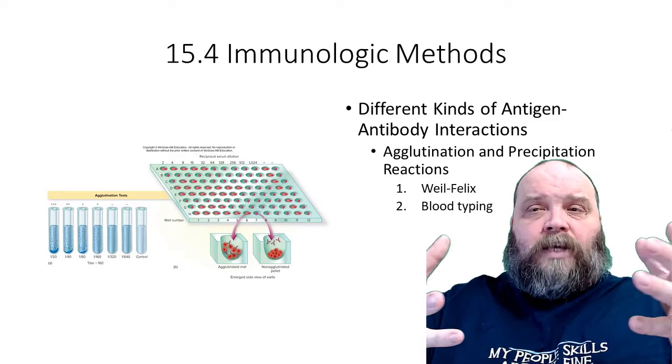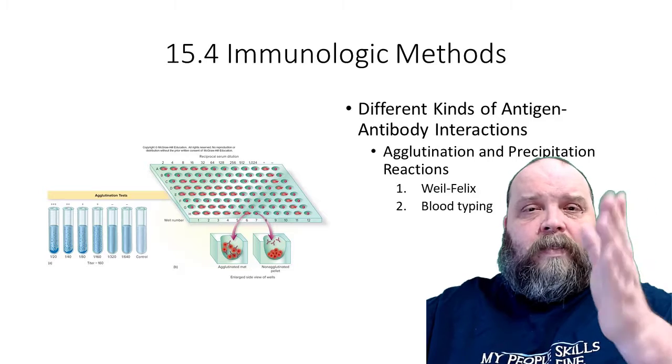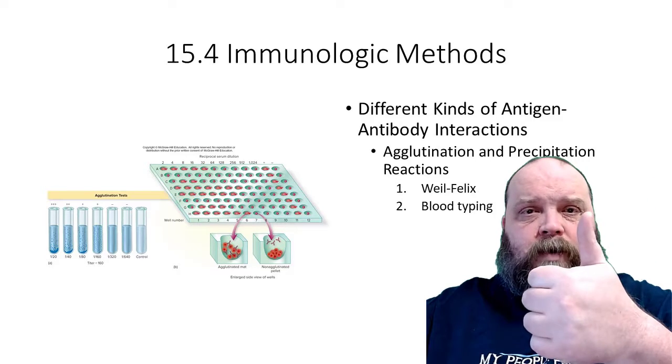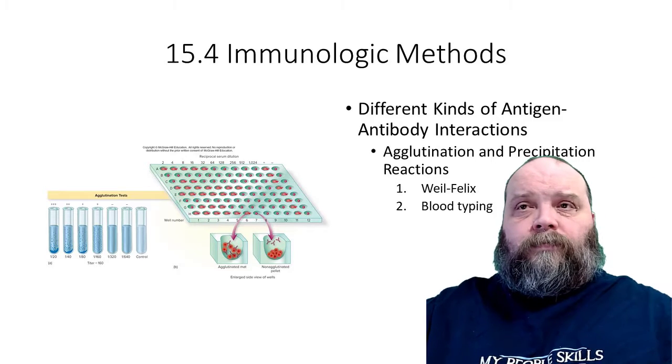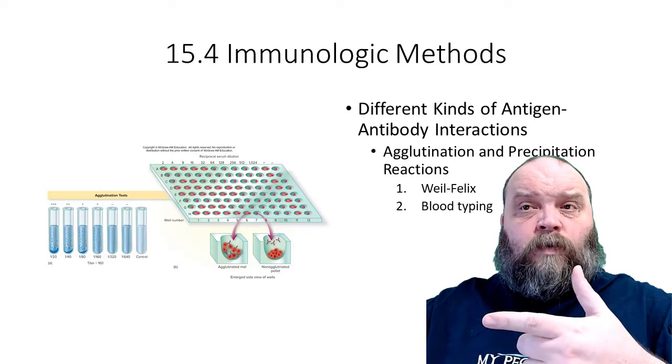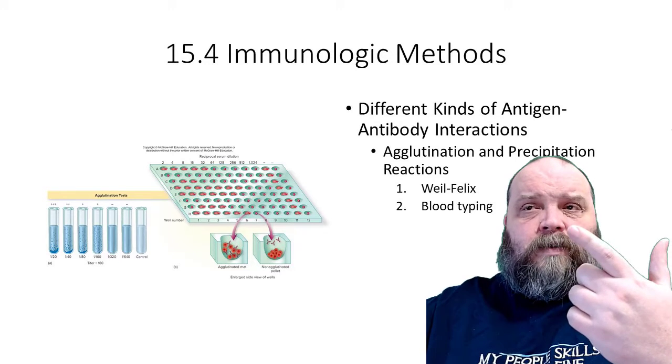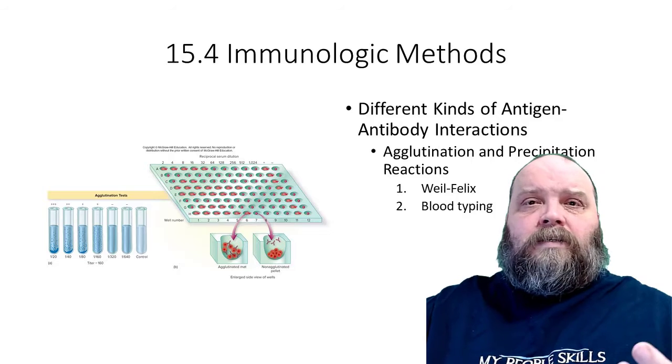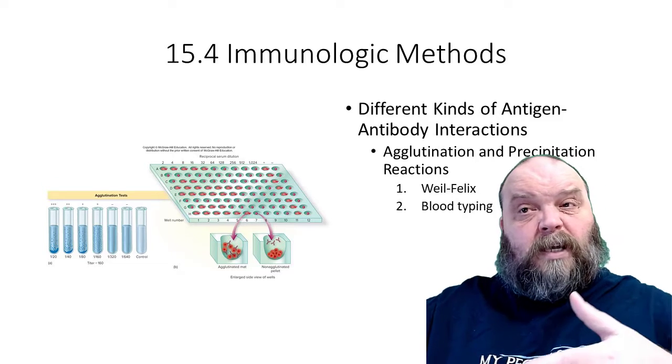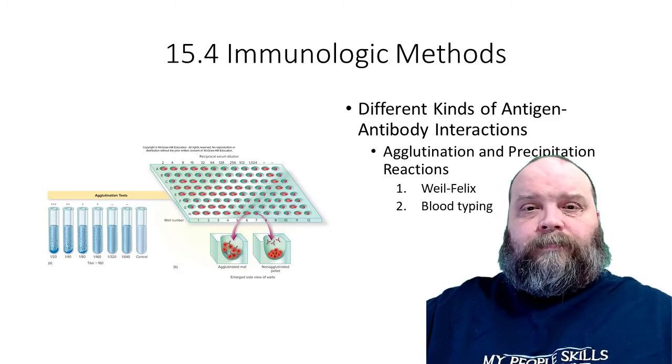If there's no reaction in the well that has patient's red blood cells and serum 1, because remember serum 1 was towards A, well, that means there's nothing for the antibodies to bind to, which means on the surface of the red blood cells, there's no A protein.